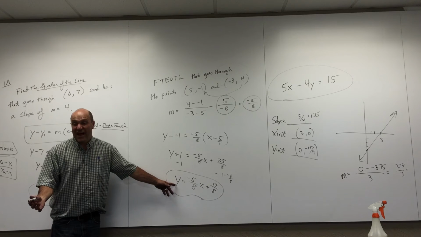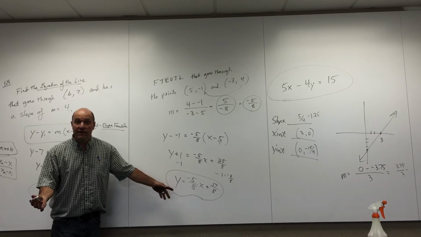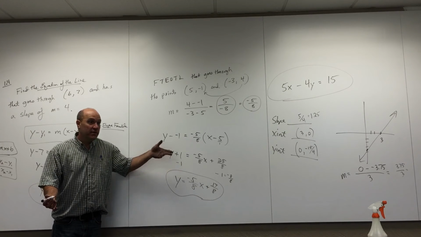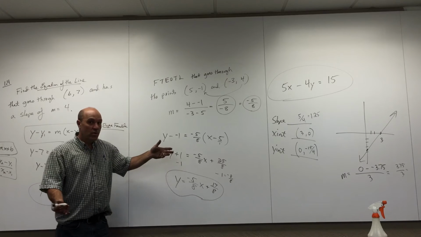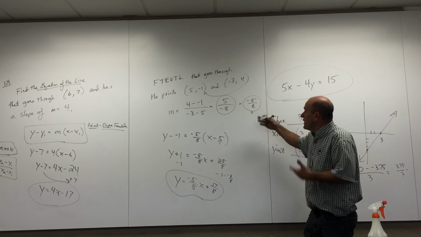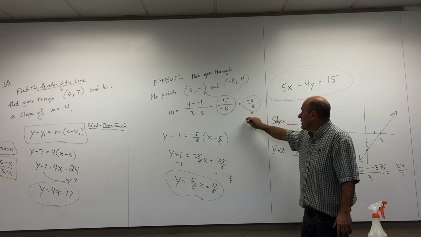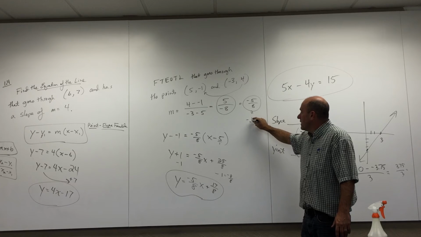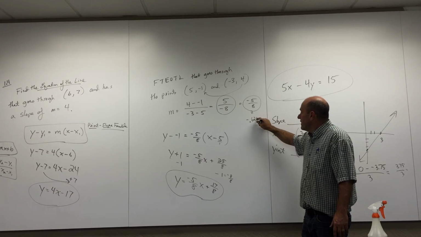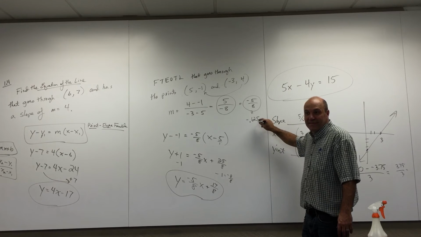If you don't like fractions, you could have done decimals and picked up a calculator. I mean, way back here, this slope is -5/8. What is that? Is that a nice decimal or a bad decimal? 0.625, maybe.